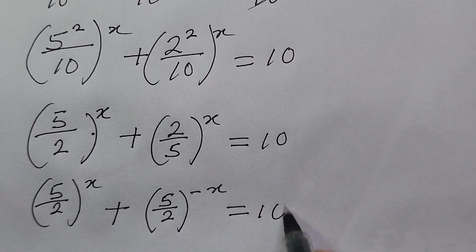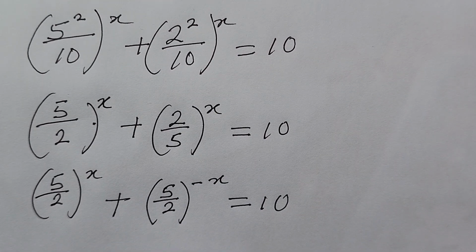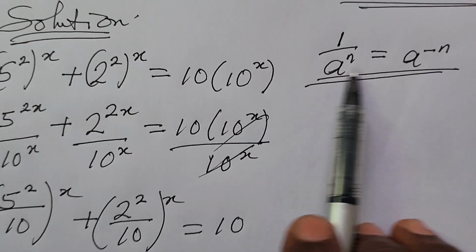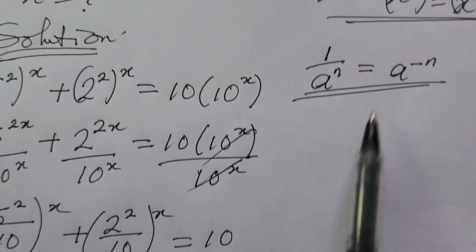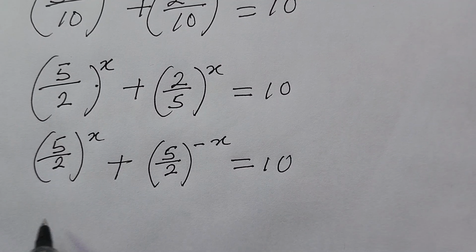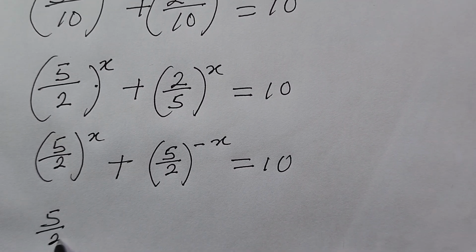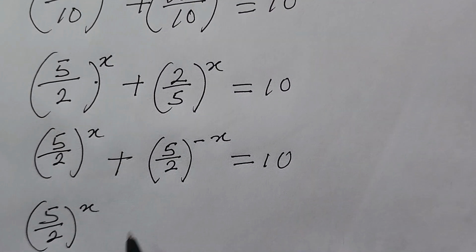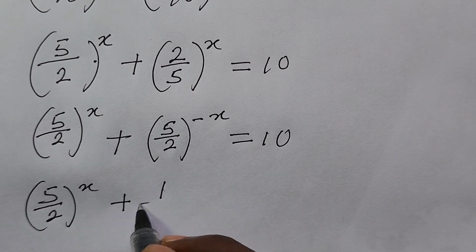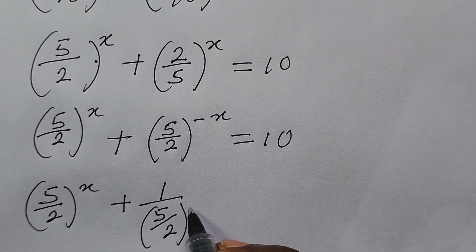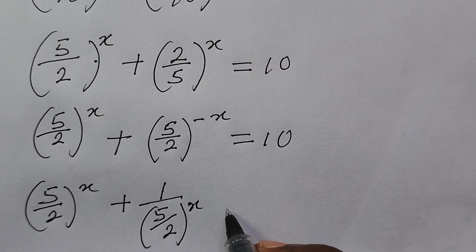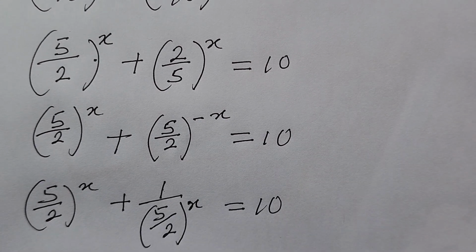This is equal to 10. So we can bring in this one all and this division into the system. So this will now give us 5 all over 2 all to the power of x plus 1 all over 5 all over 2 all to the power of positive x. This is equal to 10.